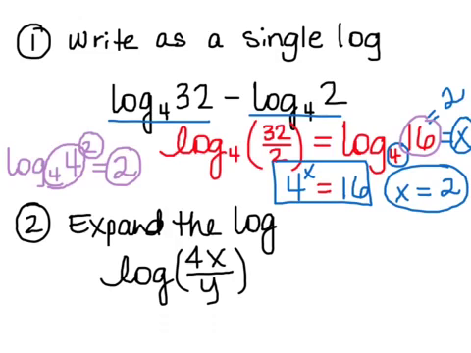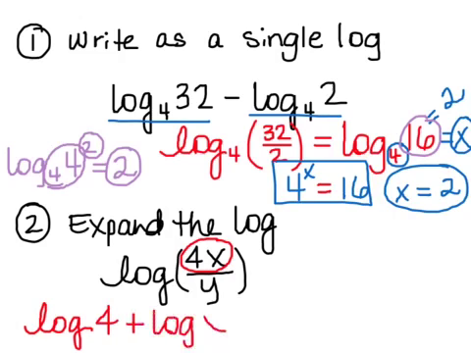And sometimes they want us to move the other direction and take one single log and move it into several logs expanded. And so we use all the rules that we have, but we use them in the other direction now. And so we know now that the log of something that's multiplied can be written as the log of the 4 plus the log of the x.